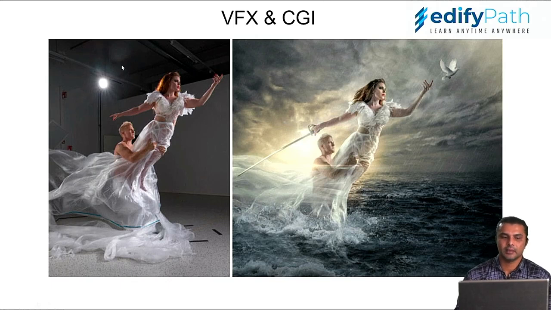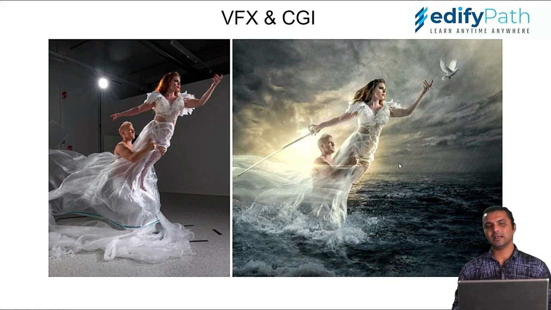This is before editing and this is after editing. So you can see there is so much difference before editing and after editing. The rain is added, you can see the ocean, you can see the bird, you can see a sword also. The original is done in a studio using basic lighting with nice costumes, with nice posture and composition, and it is done on a bare ground, on a bare floor.